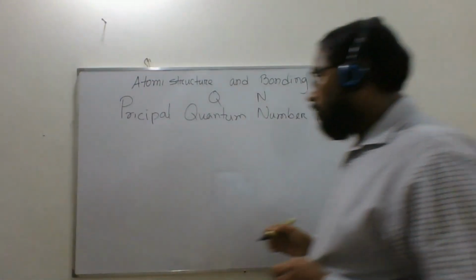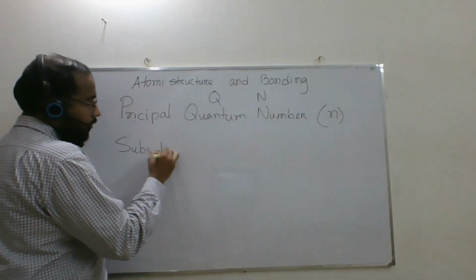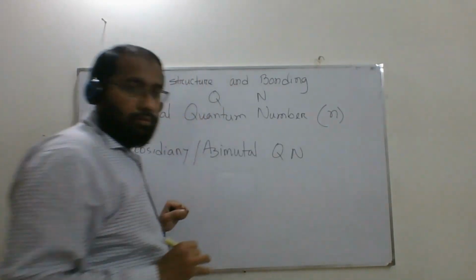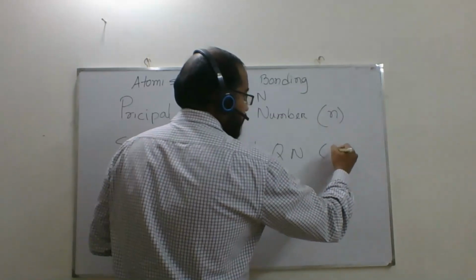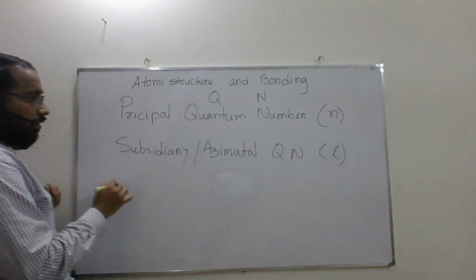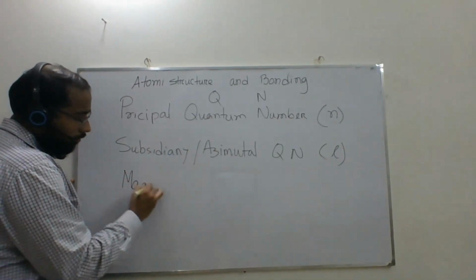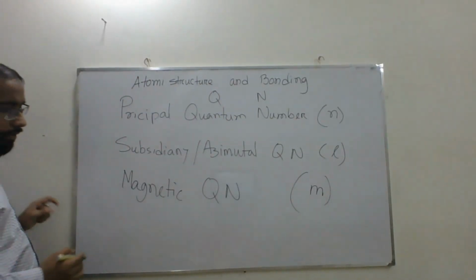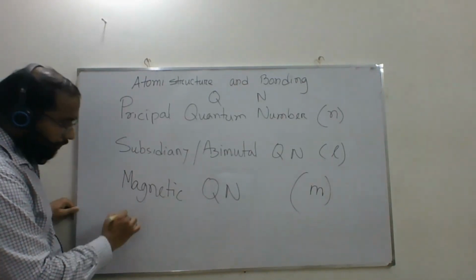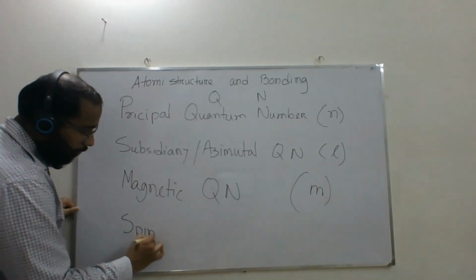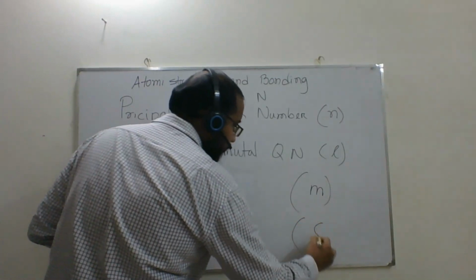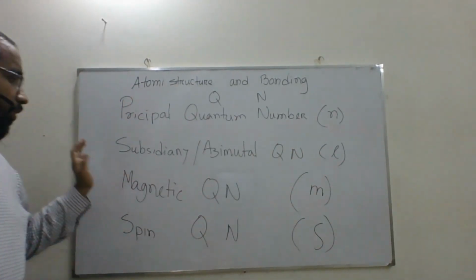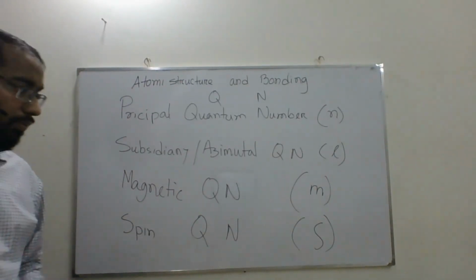The second one is the subsidiary, or we call it azimuthal quantum number, which we represent by L. The third one is the magnetic quantum number, which we say M. And the last one we call the spin quantum number, and we say S. So there are four different quantum numbers: N, L, M, S. N is the principal quantum number, L is the subsidiary quantum number, M is the magnetic quantum number, and S is the spin quantum number.